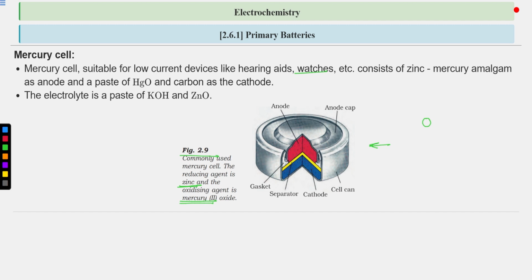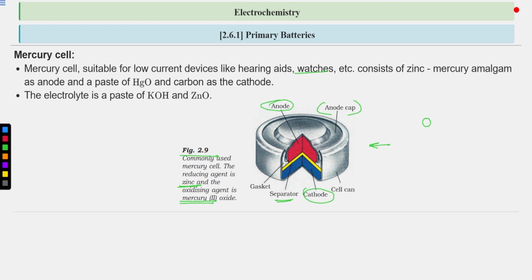And what is its structure? If you can see, we have this circular structure, and inside it we have red, yellow, and blue parts. The yellow part is a separator between the cathode and the anode. The blue part is the cathode, and the red part is the anode. This upper part is called the anode cap.